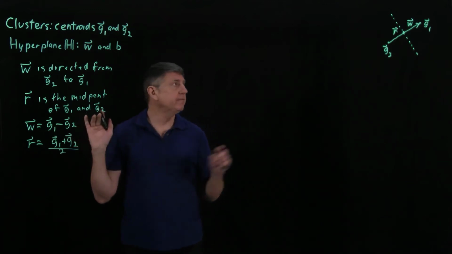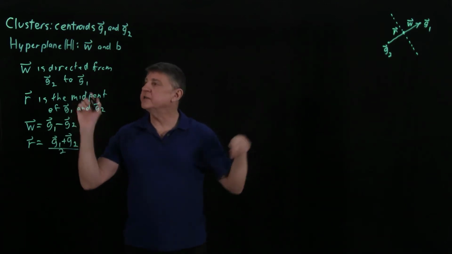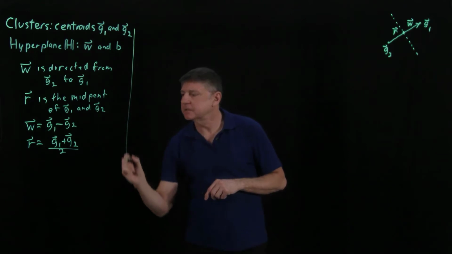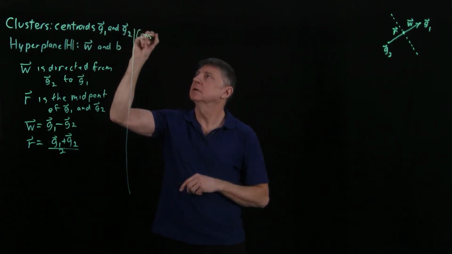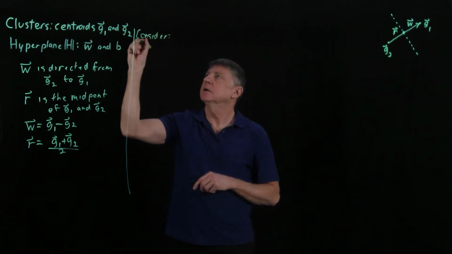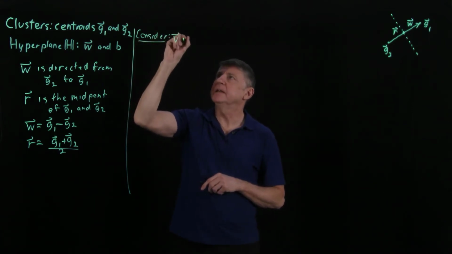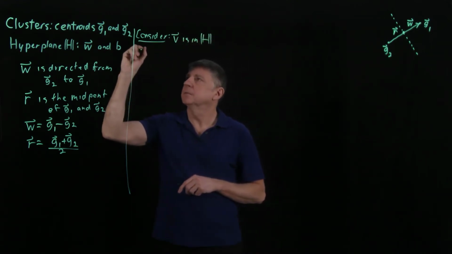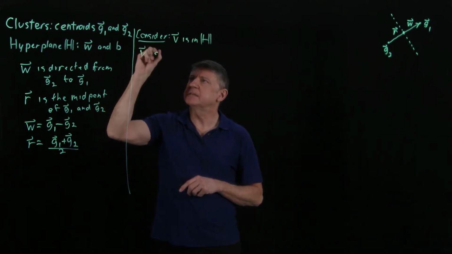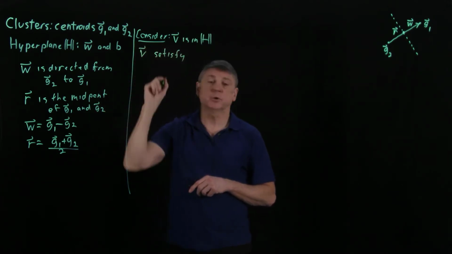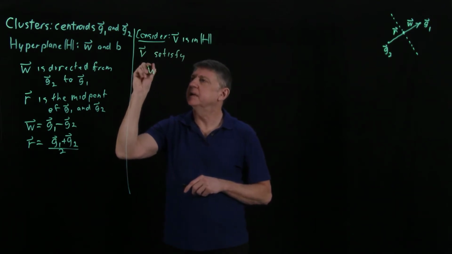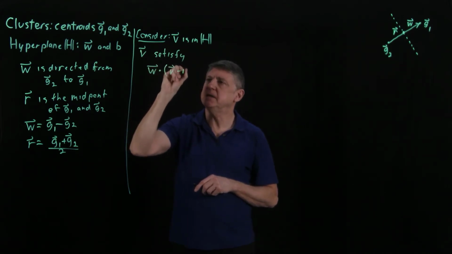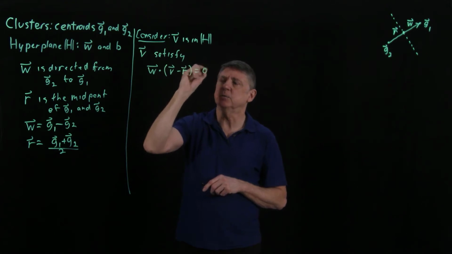Now, how can we find the equation, that is, how can we find this value b? Well, let's consider some vector v that is exactly in this hyperplane. We know that v has to satisfy this equation. If we take the dot product of w and the difference between v and r, that has to equal 0.